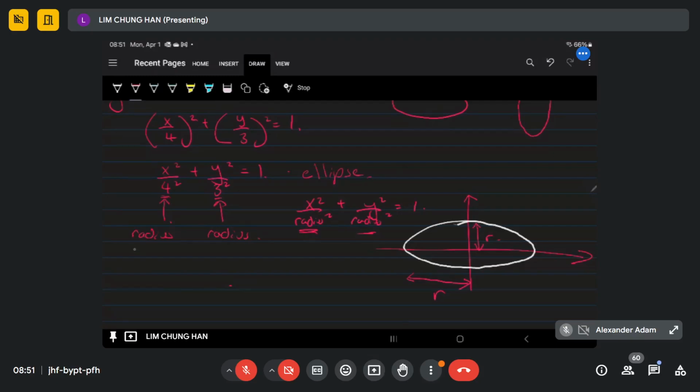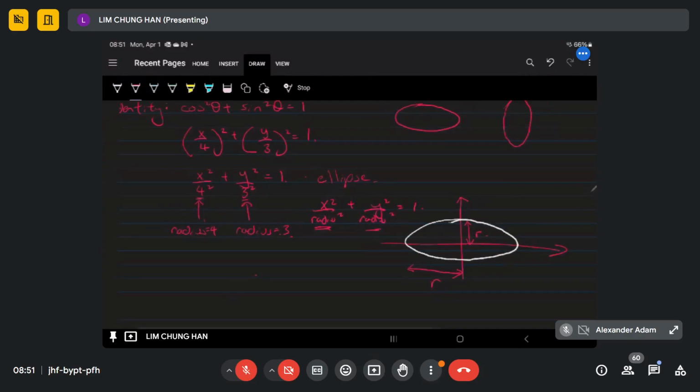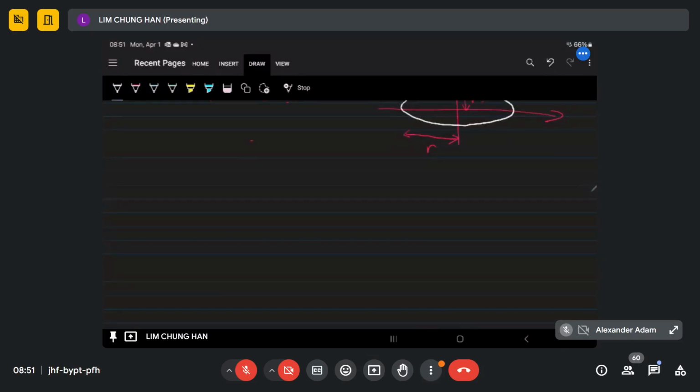So that means this radius is 4. That radius is 3. Okay. So now let's draw your ellipse.